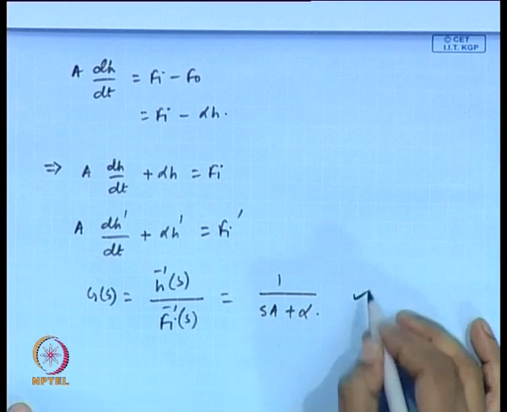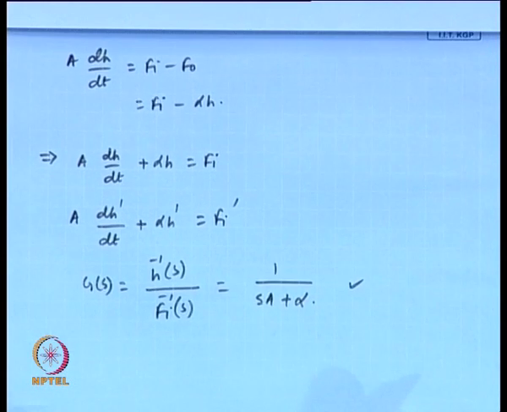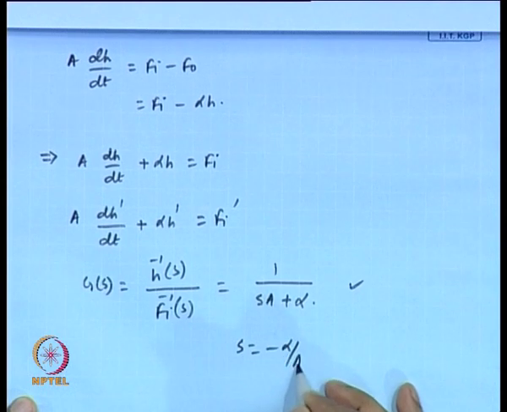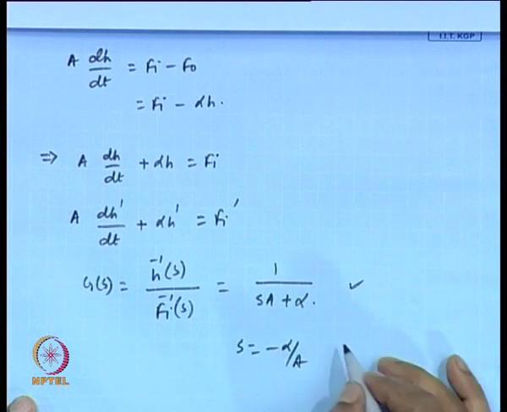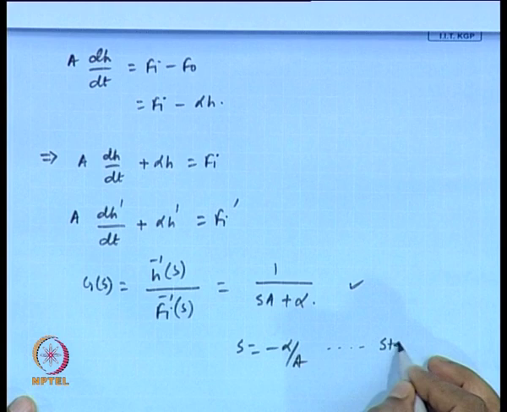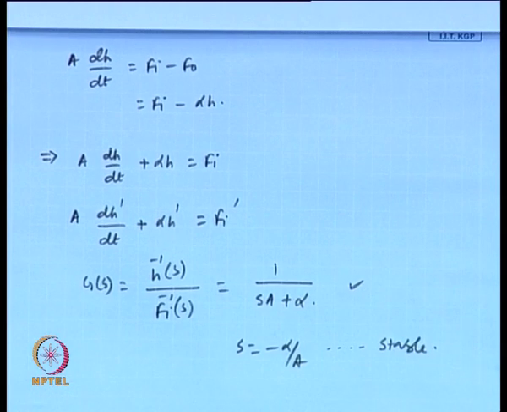Agree. So, what is the root? I mean, what is the pole of this equation? Minus alpha divided by A. So, is the system stable or unstable? The system is stable. Area is always positive. So, if we consider alpha is positive, then the system is stable.